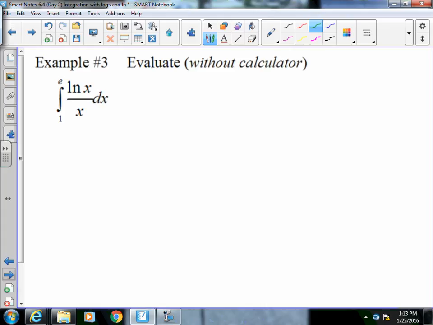Next example, they want us to evaluate this without a calculator. Right now, in its current state, it appears as if we do not know what its antiderivative is, which means we're probably going to have to use some u substitution. What we need to decide is what should we make our u. It is pointless to ever make u something whose derivative is 1, so that rules out our x in our denominator. So we should probably use our u as ln of x, which means du dx is 1 over x.